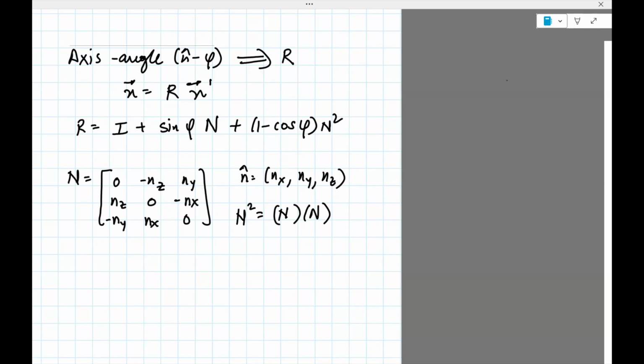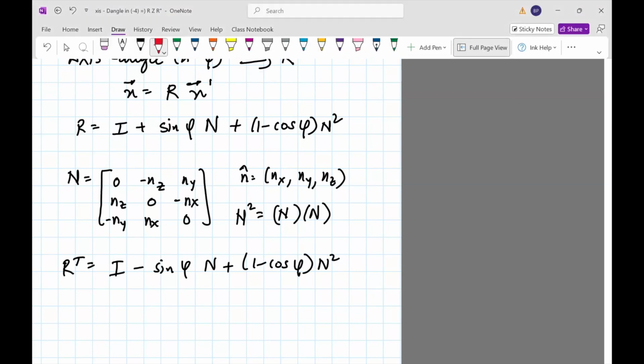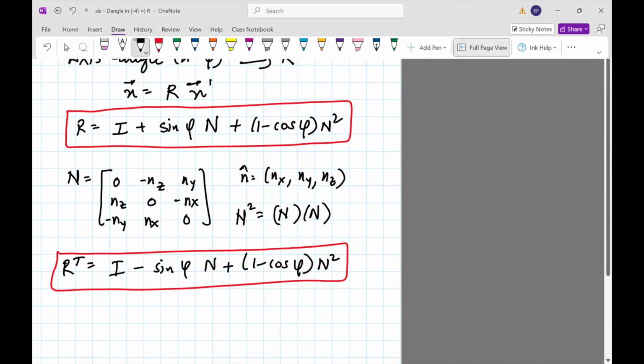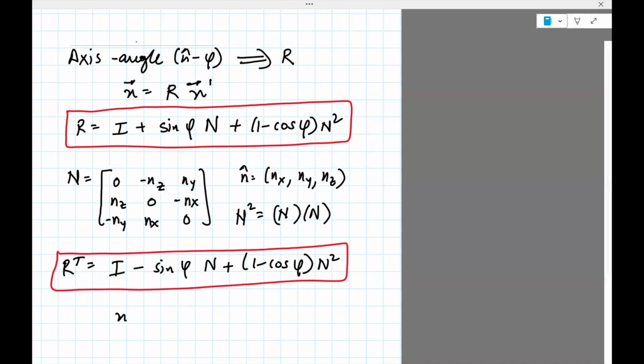If you wanted to compute R transpose, it's actually pretty straightforward. You just use this formula. You actually just need to take psi and make it negative psi. So you get this formula, where x bar is R transpose x.